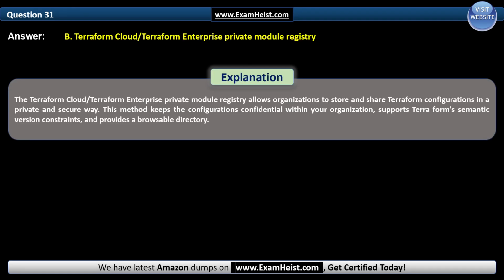The Terraform Cloud / Terraform Enterprise Private Module Registry allows organizations to store and share Terraform configurations in a private and secure way. This method keeps the configuration confidential within your organization, supports Terraform's semantic version constraints, and provides a browsable directory.